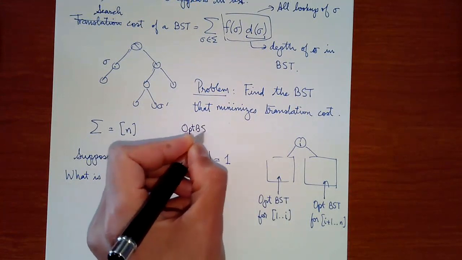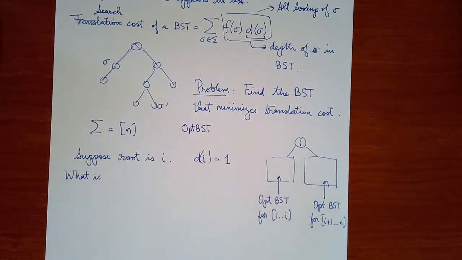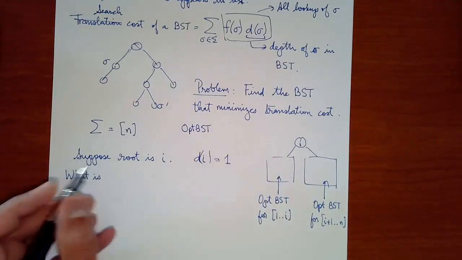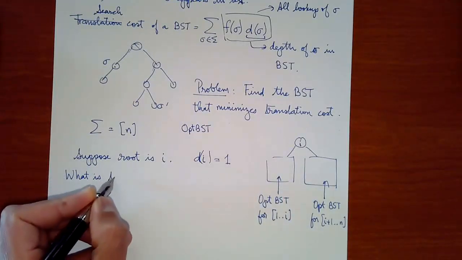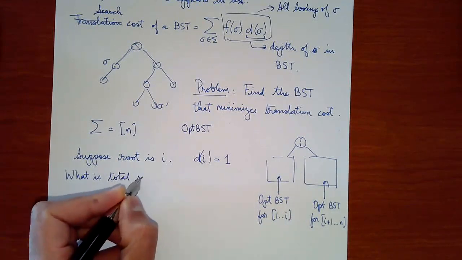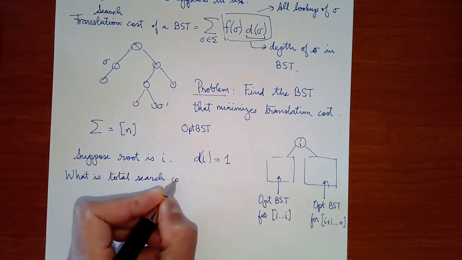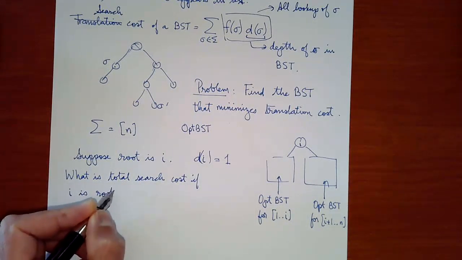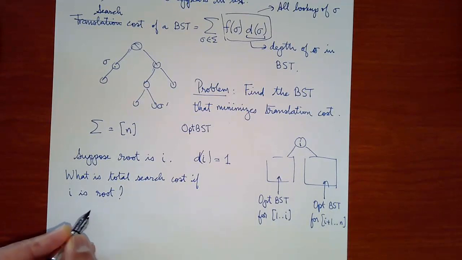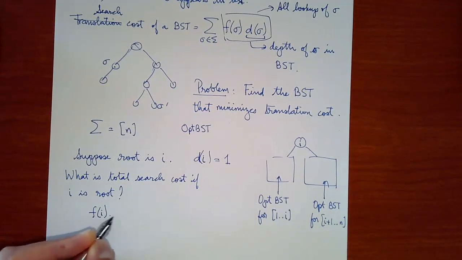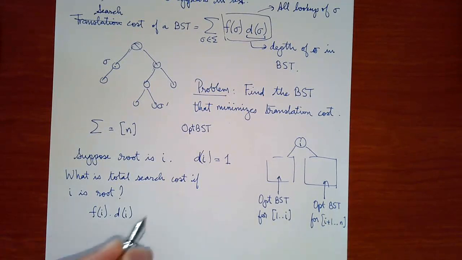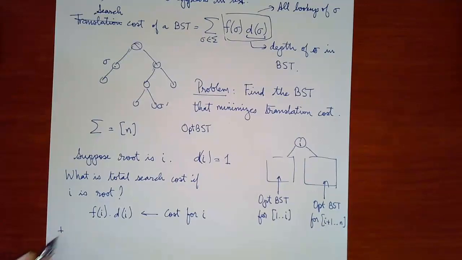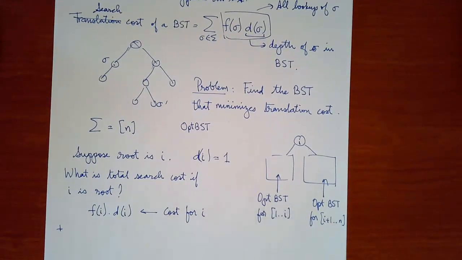This is my procedure, opt BST, and it is some recursive procedure that's going to return the optimal total search cost if I is the root. So firstly we have f of I times d of I. This is the cost for I. Plus, what is the cost for everything here?